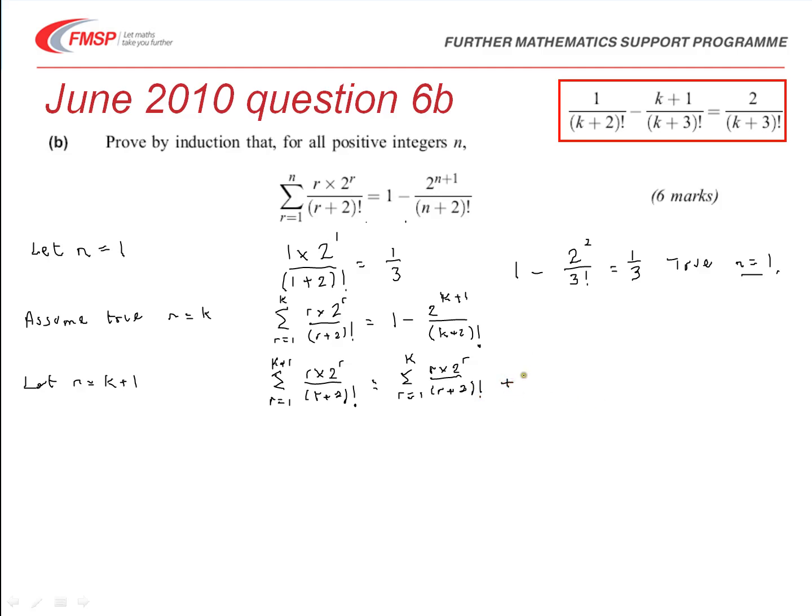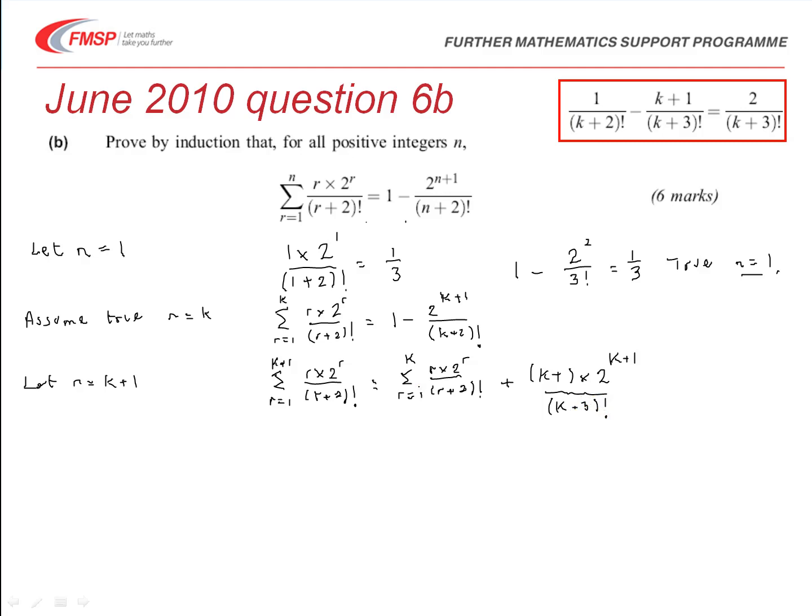So that becomes k plus 1, that's the r, times 2 to the k plus 1 over, and then that now becomes k plus 1 plus 2, so this becomes k plus 3 factorial.